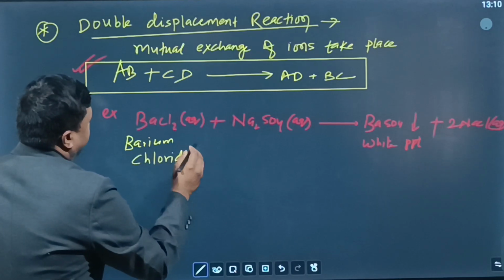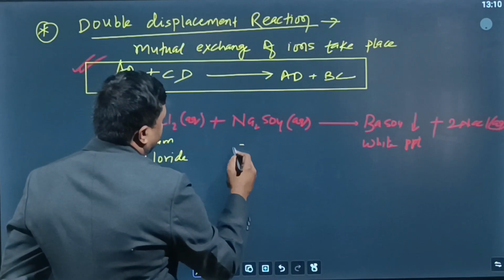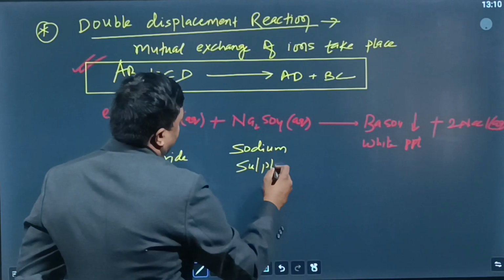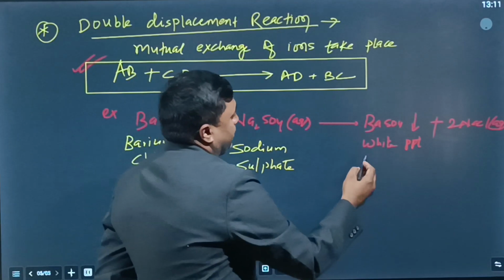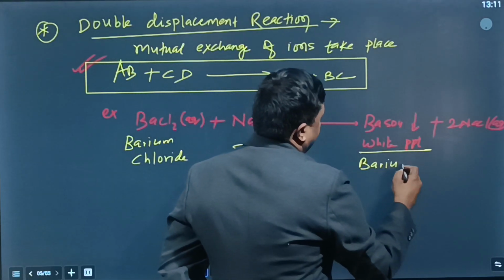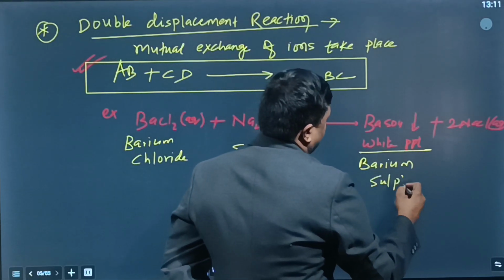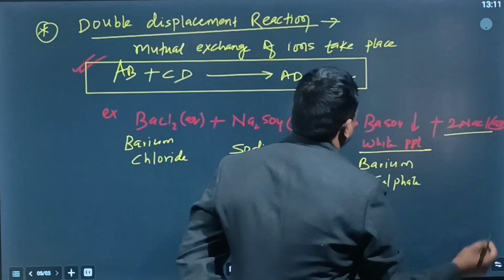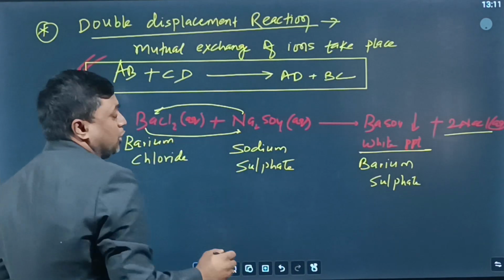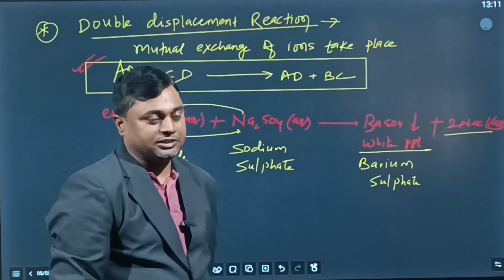Whenever barium chloride reacts with sodium sulfate solution, it gives a white color precipitate of barium sulfate plus aqueous NaCl solution. You can clearly see barium comes here and sodium comes here, so mutual exchange of ions takes place.